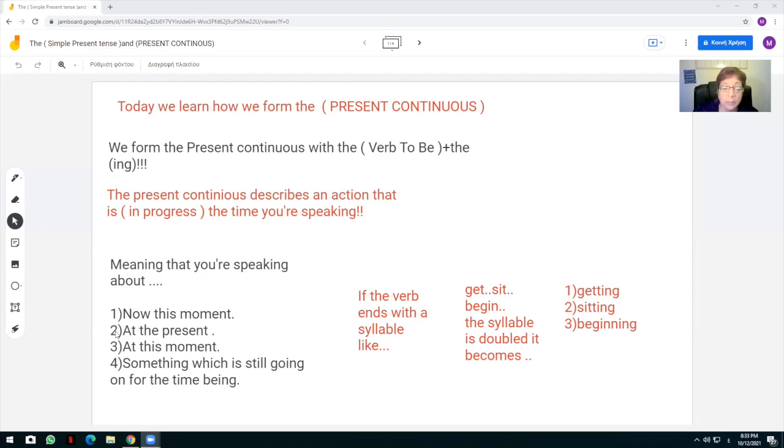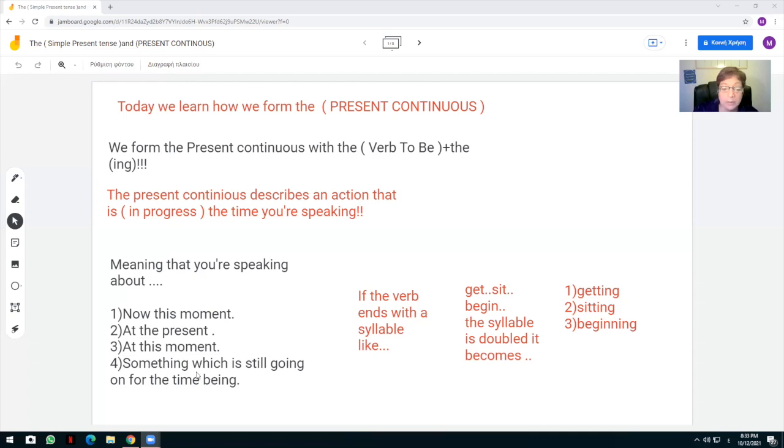Okay? Number 2, at the present. At the present, now. Number 3, at this moment. 4, something which is still going on for the time being.